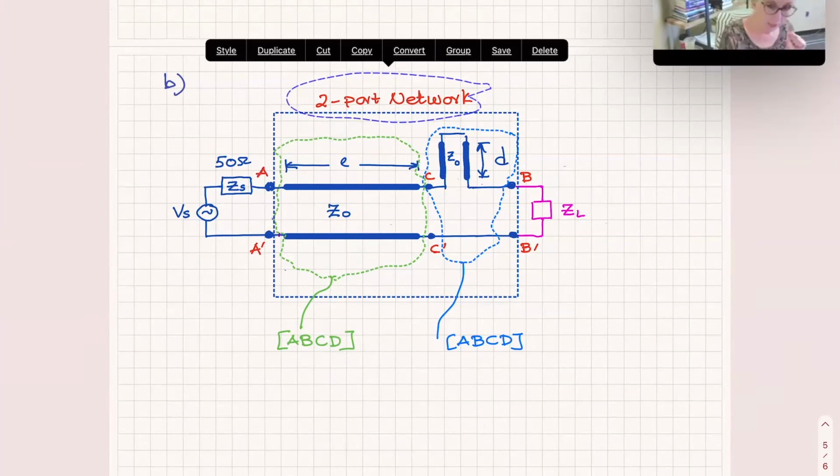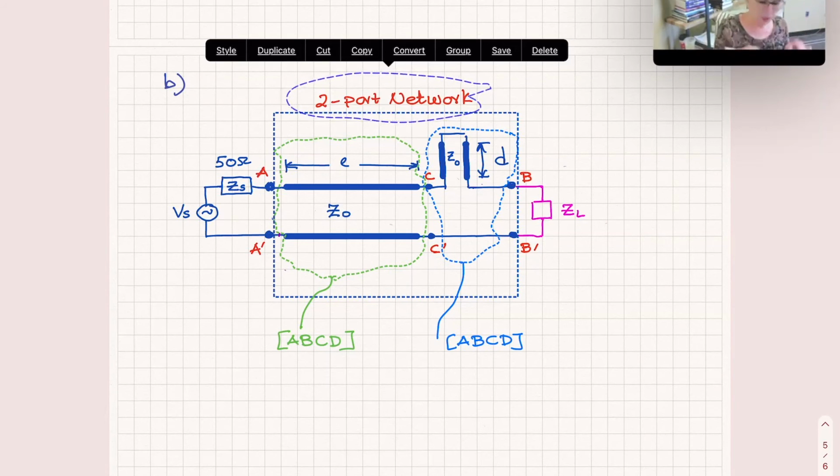One is circled in green, which is a section of a transmission line. The other is just a series short-circuited stub. I have indicated the first one with ABCD in green, and the other with ABCD in blue. Each one of them has its own ABCD matrix.